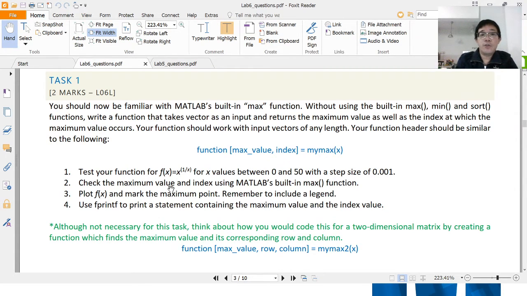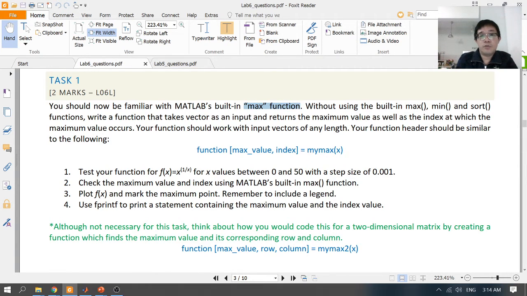You have used the max function in MATLAB, and this question asks you to write your own max function, where the input is a vector and the output is the maximum value as well as the index, which is the position of the maximum value. So that's what this question asks you to do.